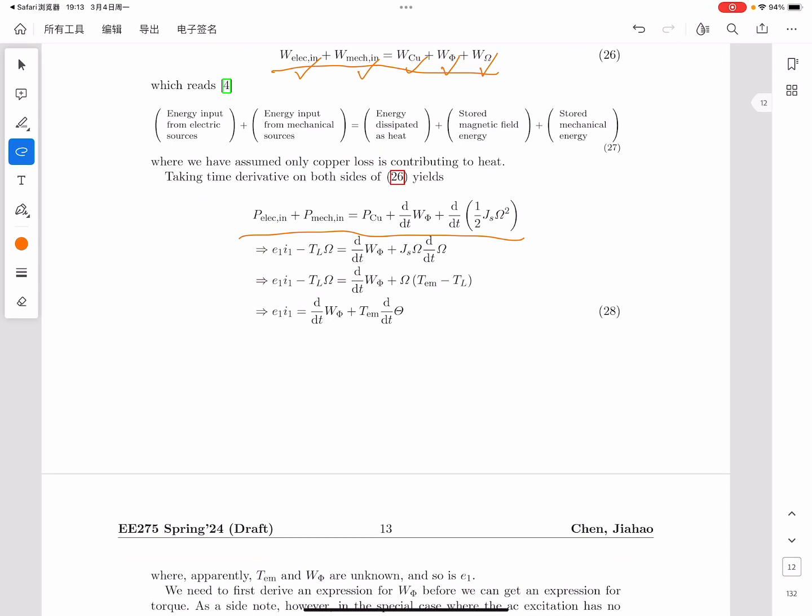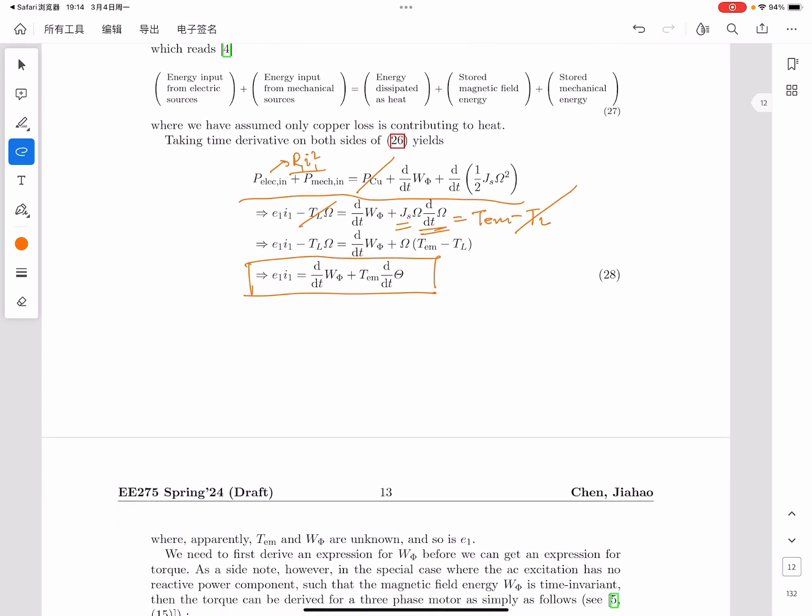We are now going to take the time derivative of both sides to derive this equation. Note that the copper loss is eliminated by the other term, so inside here we have I squared R1. Also note that this term, including the inertia, is equal to T_EM minus T load torque, and it's also gone. Finally, we derive this equation.